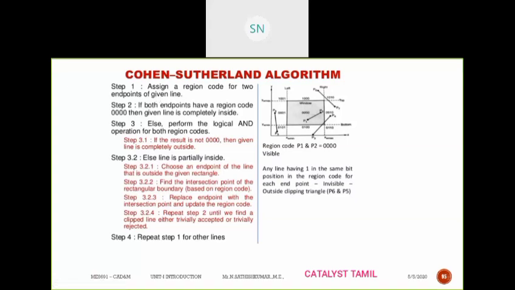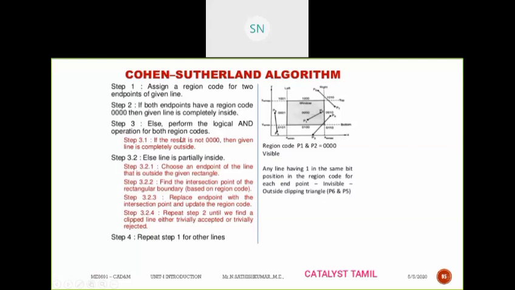Then in step 2, after assigning the region code, if both the endpoints have the region code 0000, suppose both the endpoints have all 4 digits as 0, completely 0, then we could assume that particular line is lying inside.